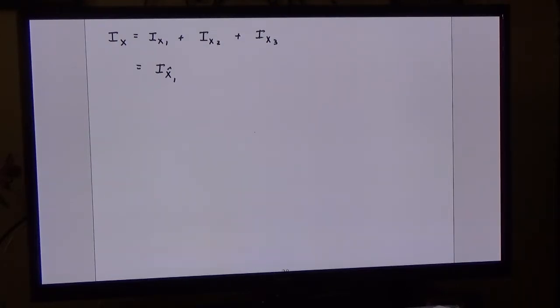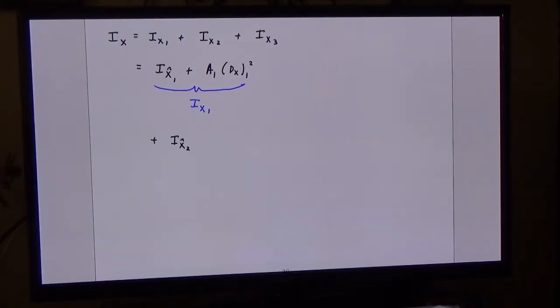I have for part 1 from its centroidal axis, then I add the area times some distance squared. So this whole thing right here is I about x for part 1. I'll have for the other two parts similar equations.